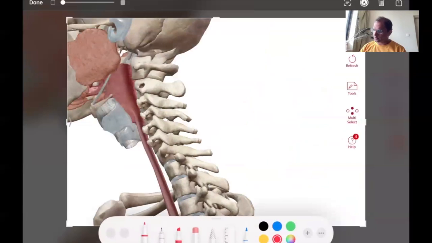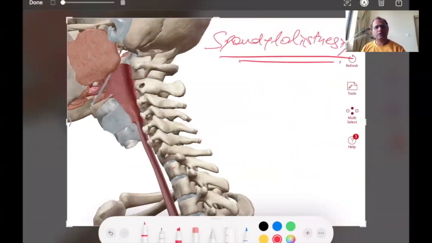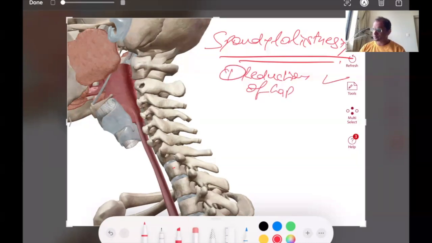In the third phase, what will happen? That is spondylolisthesis. So there will definitely be all the things like reduction of gap, which will create compression. Reduction of gap होगा, gap कम हो जाएगा दो वर्टिब्रा के बीच में.